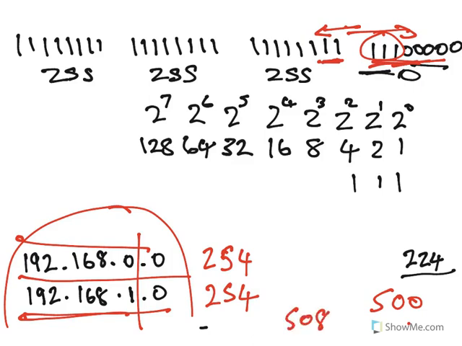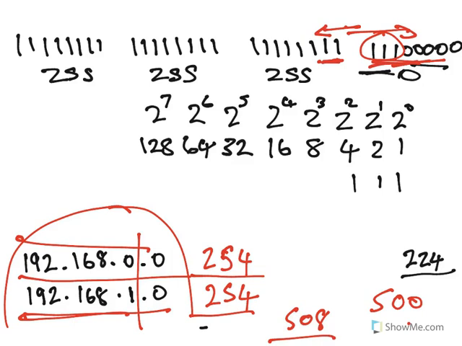Why 254 and not 255 or 256? Remember, the first and the last addresses are reserved. The first address, .0, will be your network identifier. The last address, .255, will be your broadcast address. So it's 254 plus 254, which gives you 508.